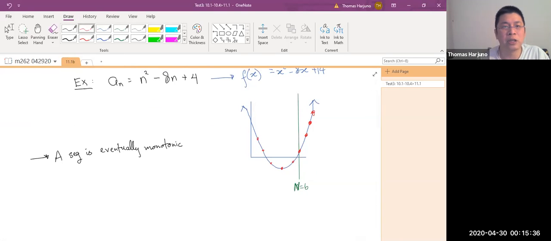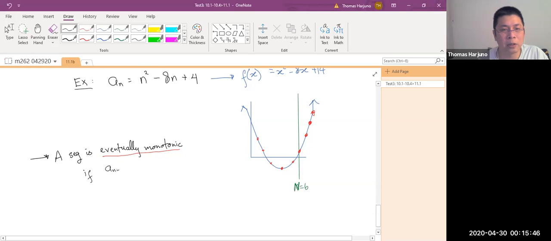If a sequence is eventually monotonic, it means a sub n plus 1 is greater equals to a sub n, or a sub n plus 1 less than equals to a sub n, for every n greater equals to a preset number.